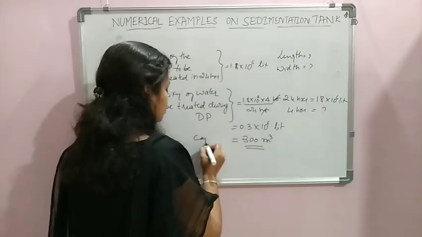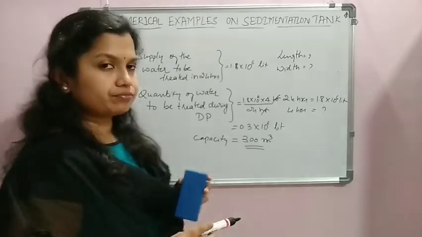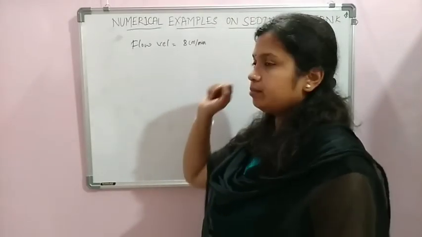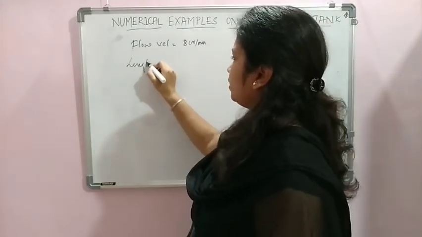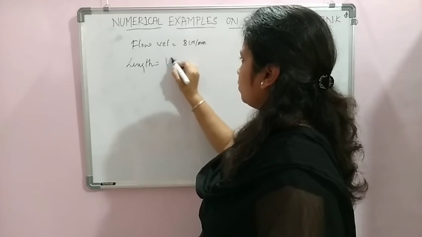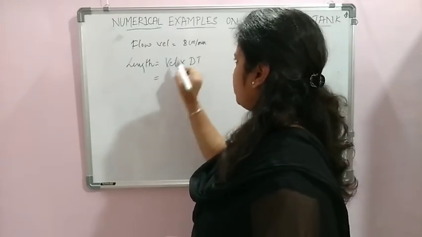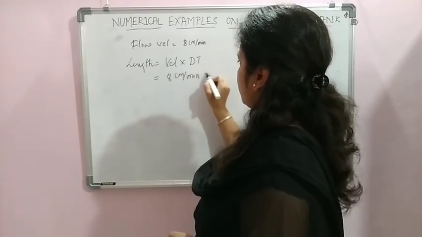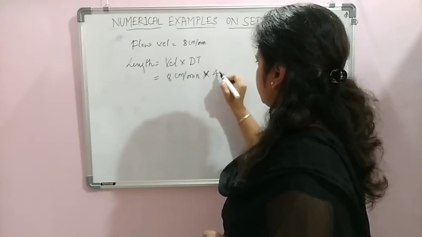So this is the capacity for which we need to design the tank. In the problem, flow velocity is given as 8 centimeters per minute. In order to find the length of the tank, length is equal to velocity into detention time. Velocity is given as 8 centimeters per minute and we have the detention time as 4 hours.